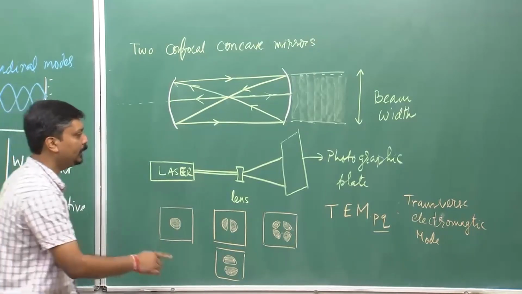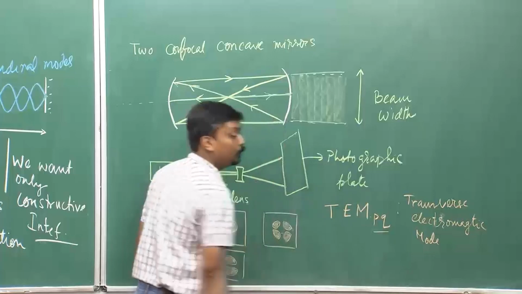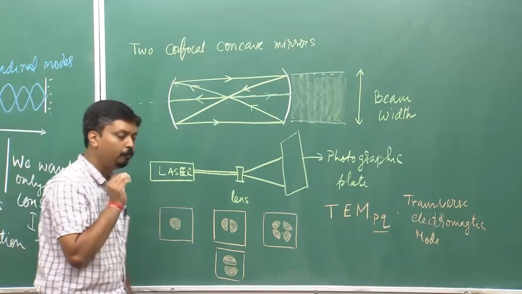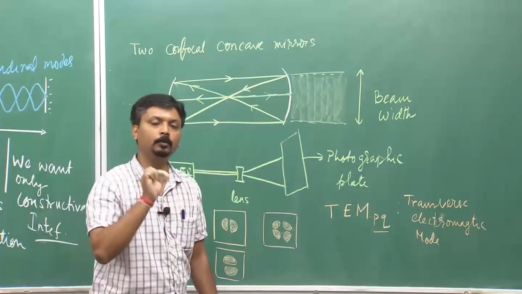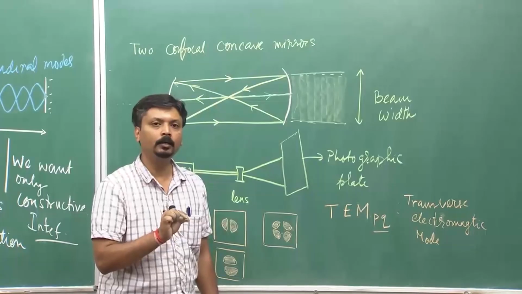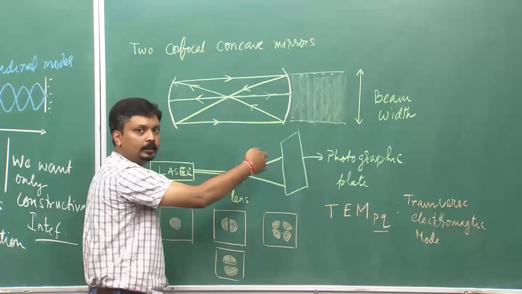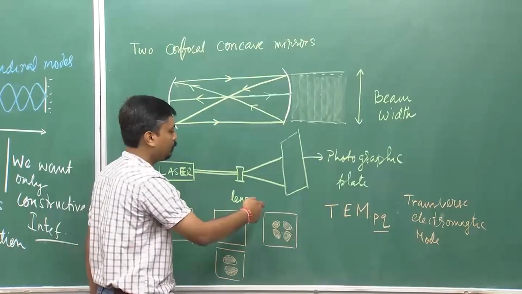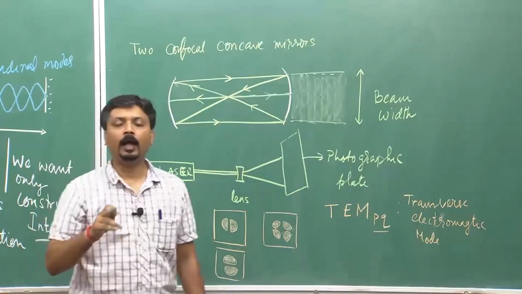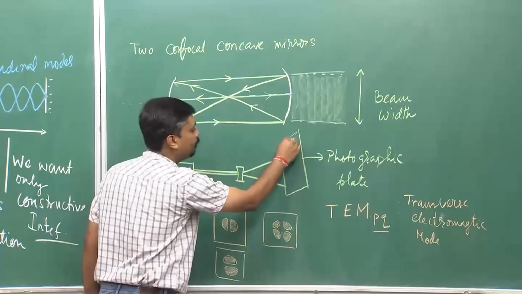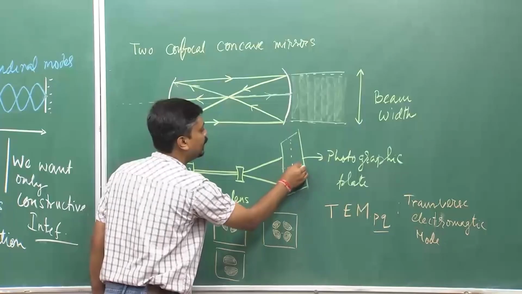Okay. So, essentially this PQ, these are the numbers of nodes in this plane, that is the perpendicular to the axis of the cavity, and in two perpendicular directions, because this is a plane, right. So, it can have this direction and it can have this direction.